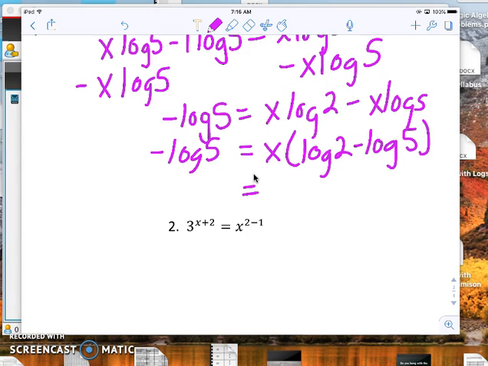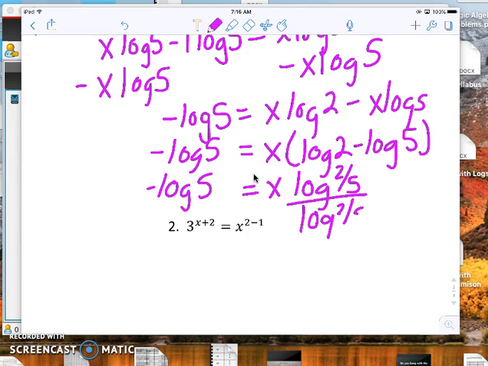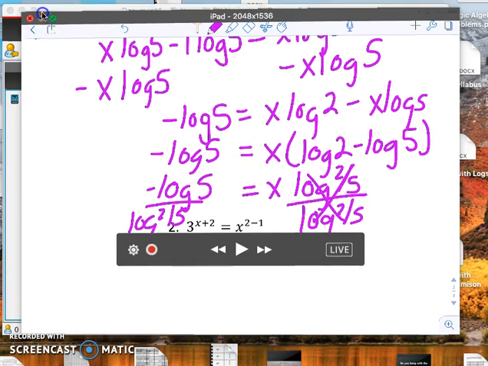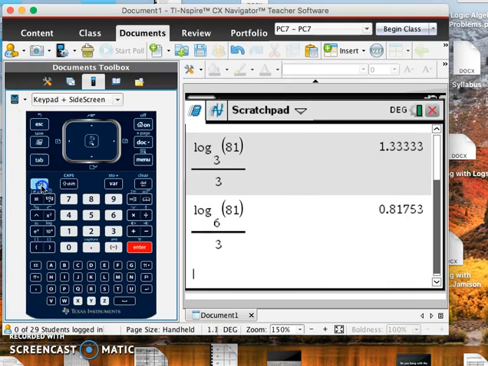And we could simplify this. We know subtraction goes back to division. So x log 2/5, and divide each side by log of 2/5. So let's see, we go to our calculator on that one.